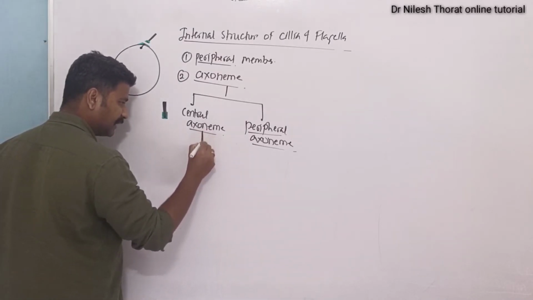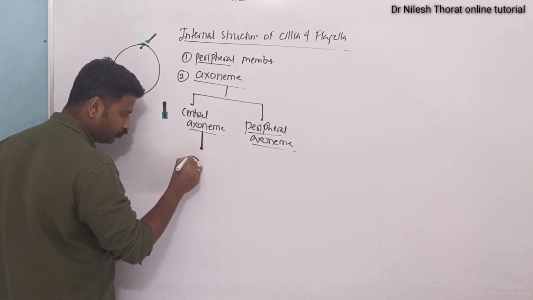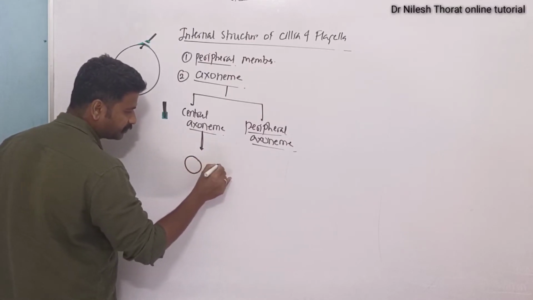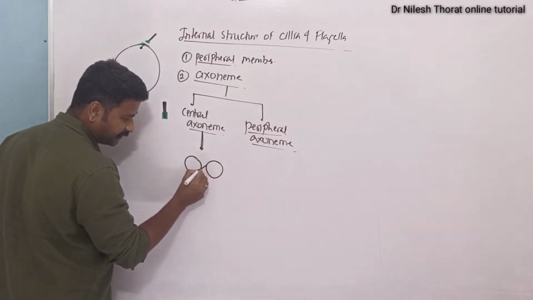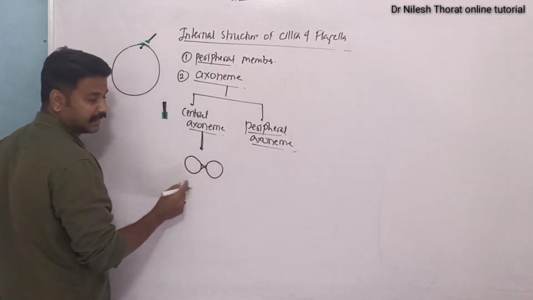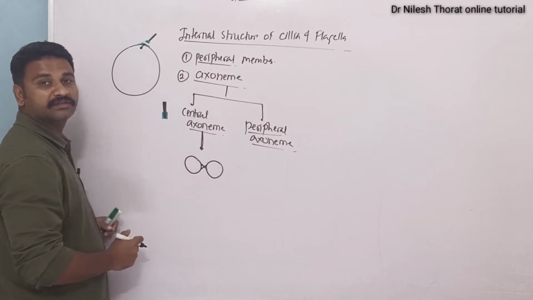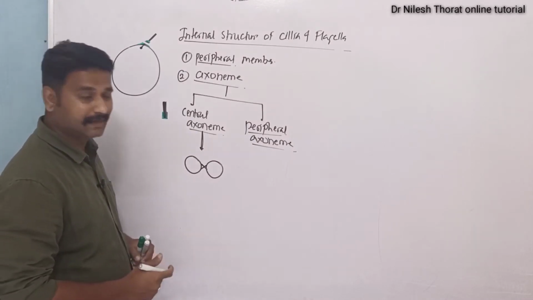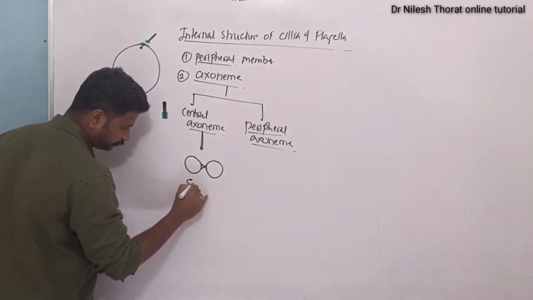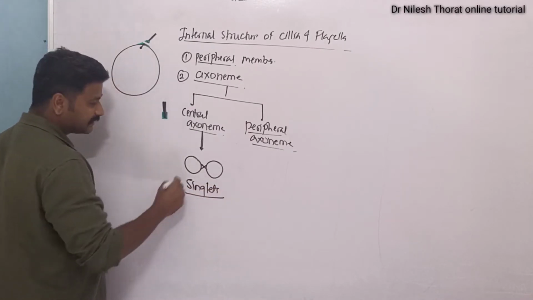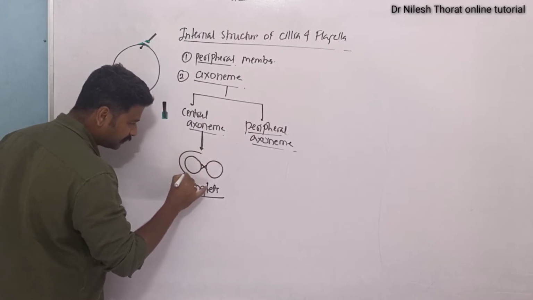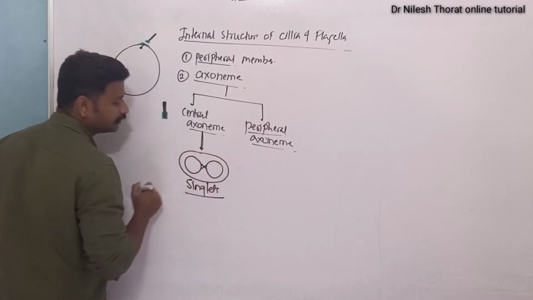So a central axoneme will have two microtubular structures which are connected to each other with the help of cross bridge, and these two microtubular structures are called as singlets. These singlets are covered by again a central sheath.